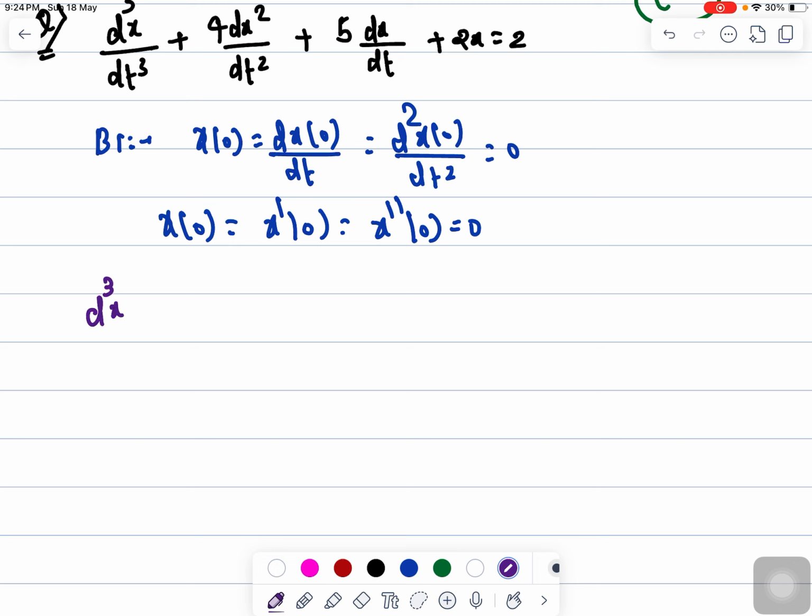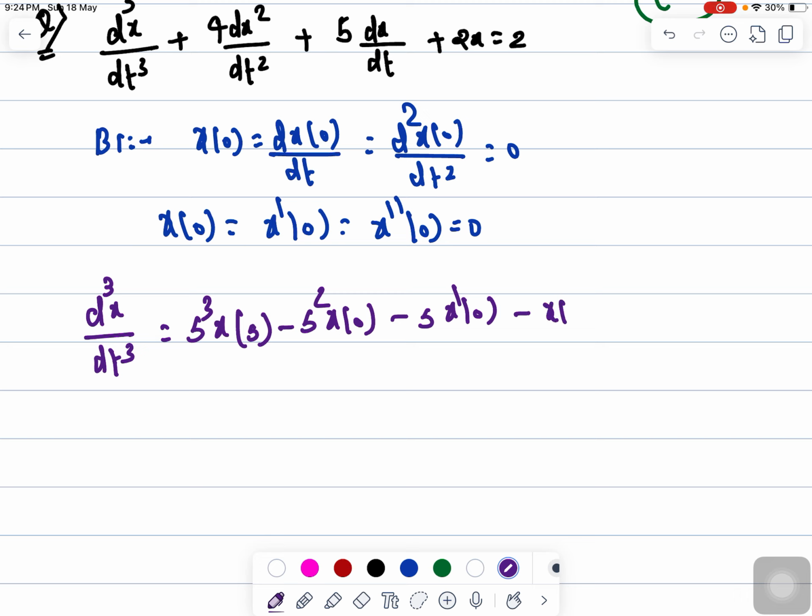If we have d3x by dt cube, you can write s cube X(s) minus s square x(0) minus s x'(0) minus x''(0). Is that clear? And the values x(0), x'(0), and x''(0) are 0. So if you substitute these values, you will get the Laplace transform of d3x by dt cube equals s cube X(s).